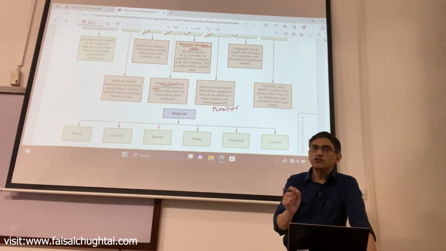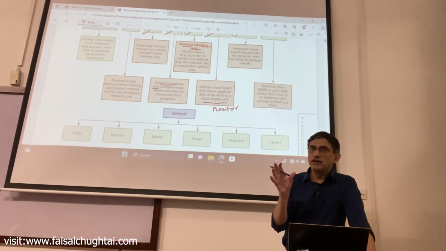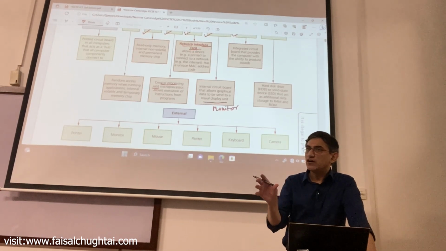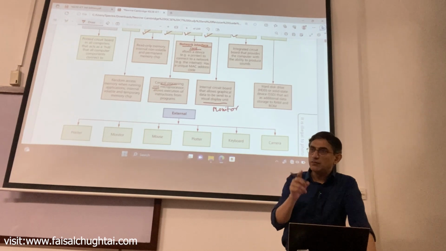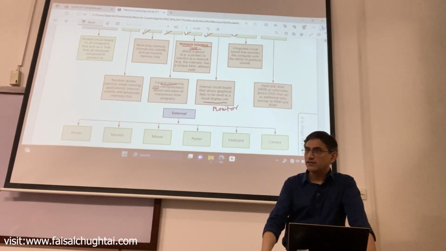Because your computer does not have sufficient memory, or that specific dedicated piece of hardware that would give it the ability to produce hi-fi graphics.